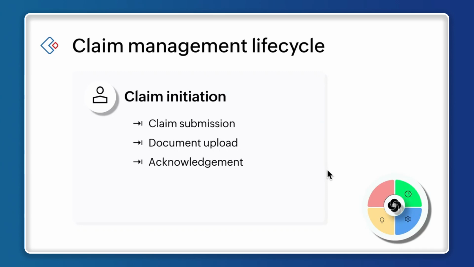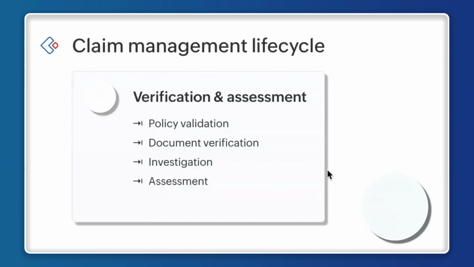Now once the claim is submitted, it goes into the second stage, that is verification and assessment. In this second stage, the claim that has been submitted will go into various types of validations and assessments. The first validation is going to be the policy validation.